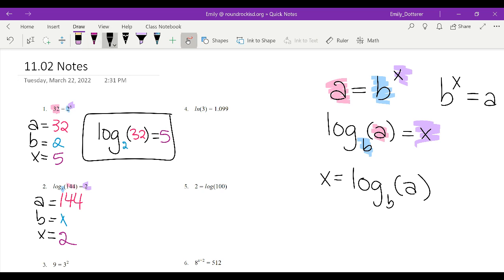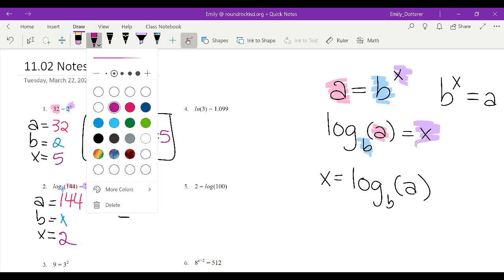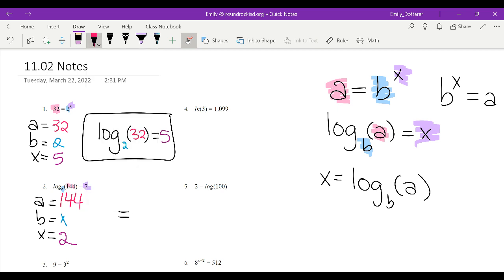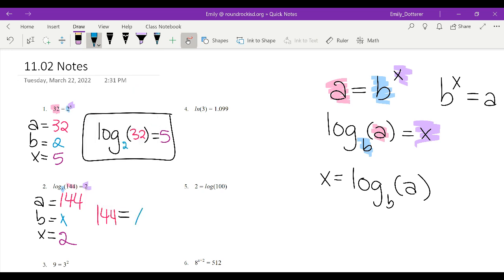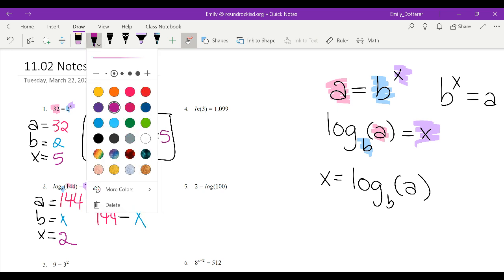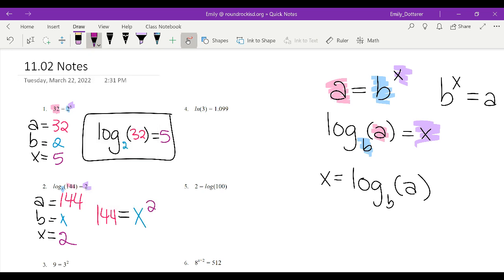Now that we have all of the parts of our formula defined, we're going to plug everything in. So A equals B to the x.